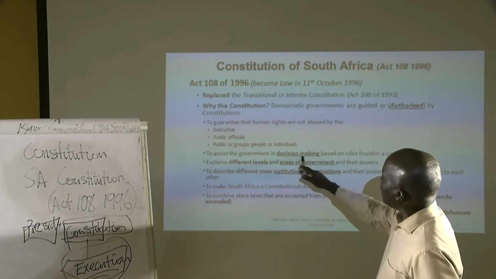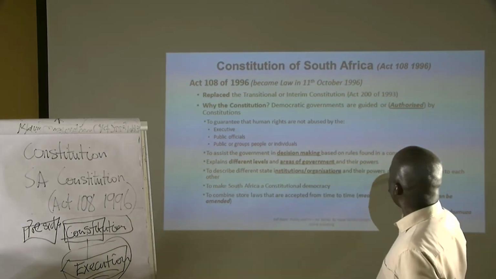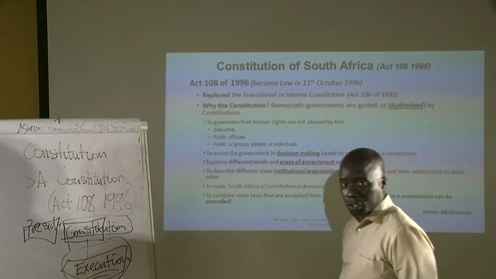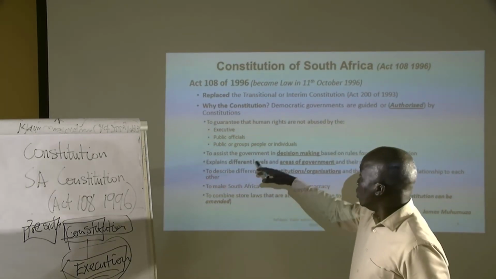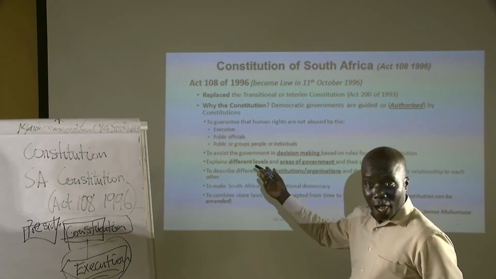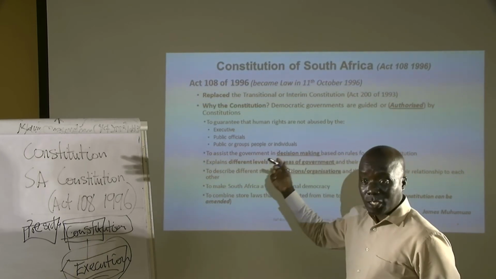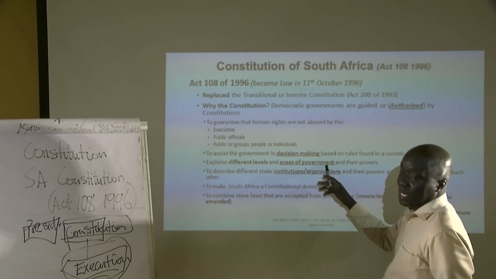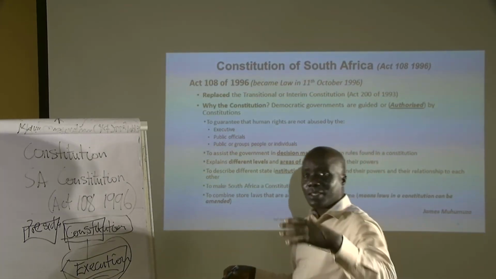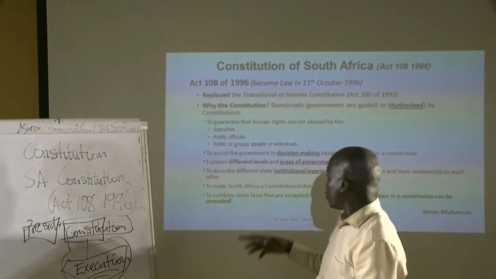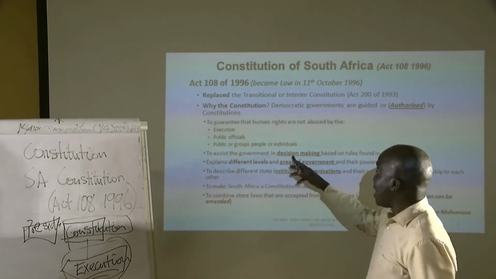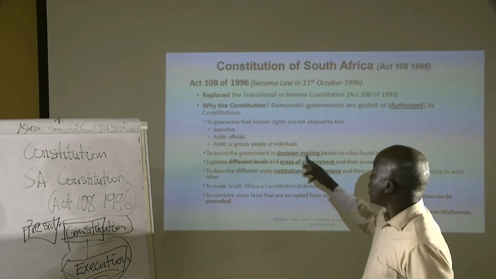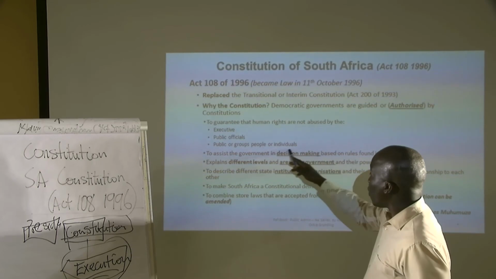And then the Constitution is also necessary because it will assist the government in decision making based on the rules found in the Constitution. How does this happen? In situations where we've had lockdown, you've had people wanting to challenge the government about the decisions made in lockdown level 3 and level 4, saying they are not right.